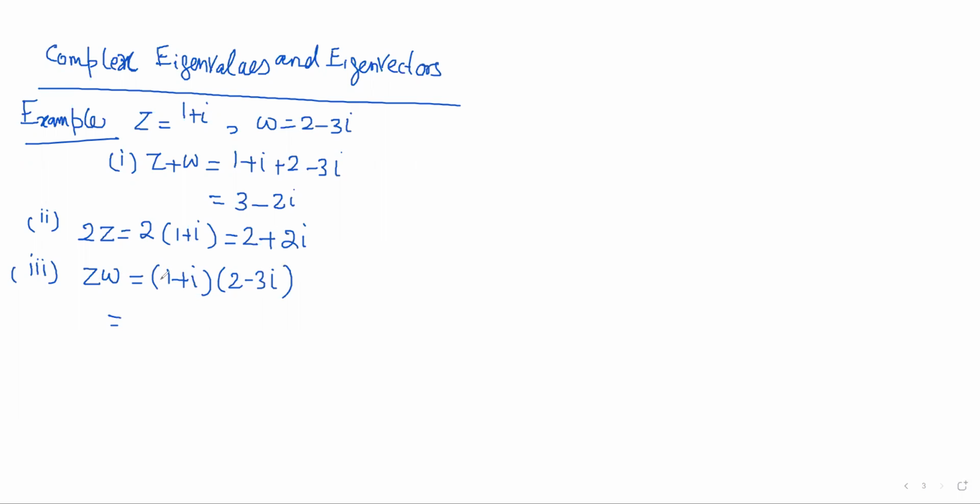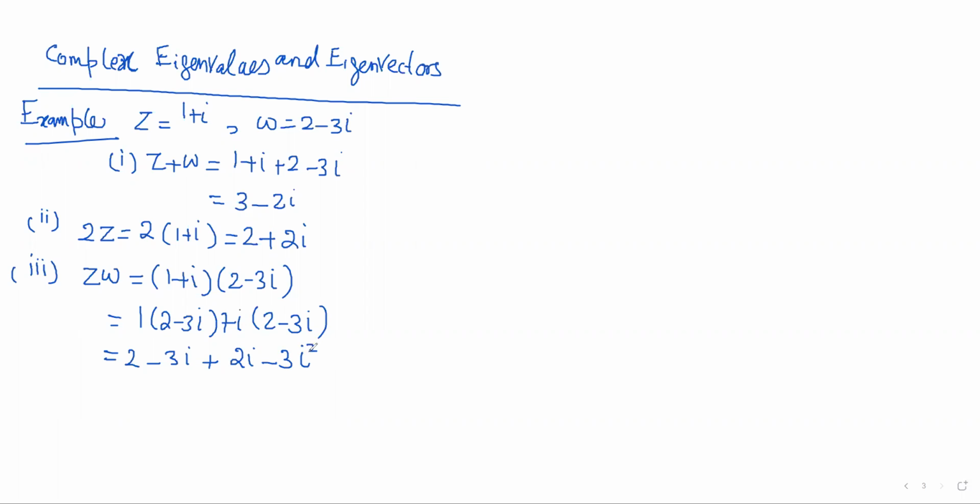We take 1 from the first and multiply it with 2 minus 3 iota, and then we take iota from the first and multiply it by 2 minus 3 iota. So 1 times 2 is 2, 1 times minus 3 iota is minus 3 iota, iota times 2 is 2 iota, and iota times minus 3 iota gives minus 3 iota square.